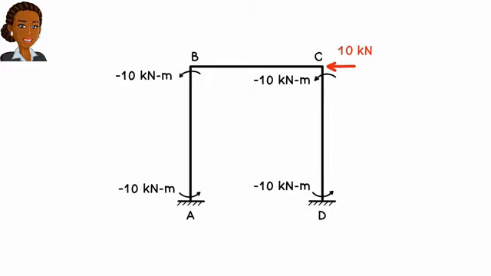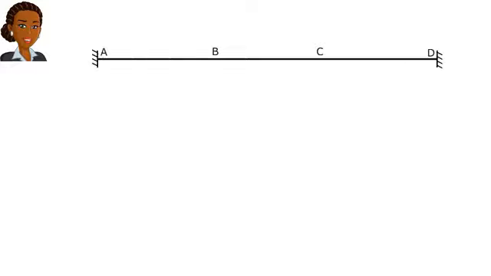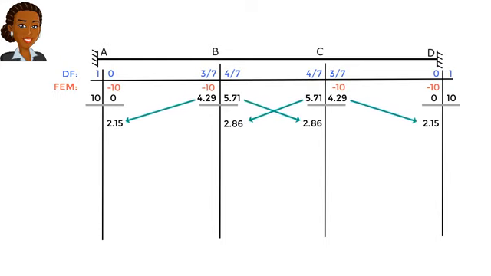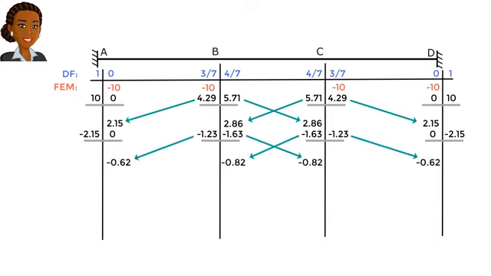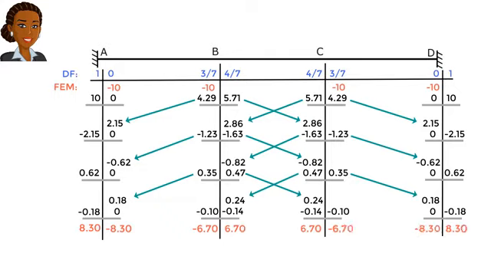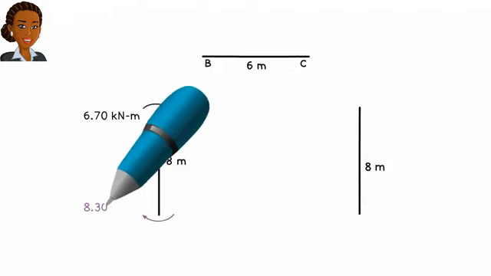We then set up our moment distribution table like this and start the iterative process until the member end moments are accurately determined. Now, we apply the equilibrium equations to determine member end shear forces and support reactions.